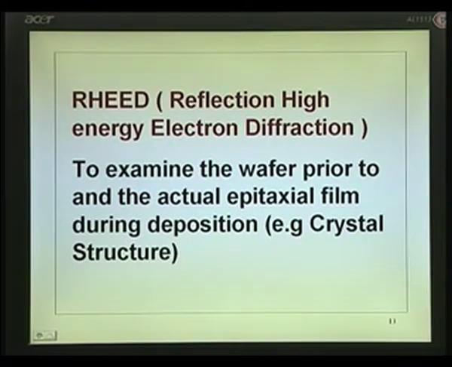That is all I can say about this. So, this is to examine the wafer just prior to and actually when the epitaxial growth is taking place.